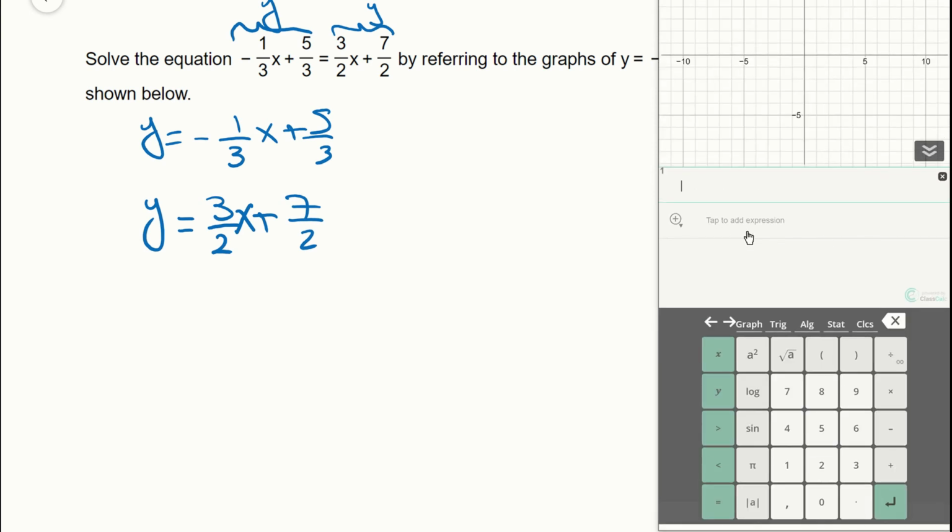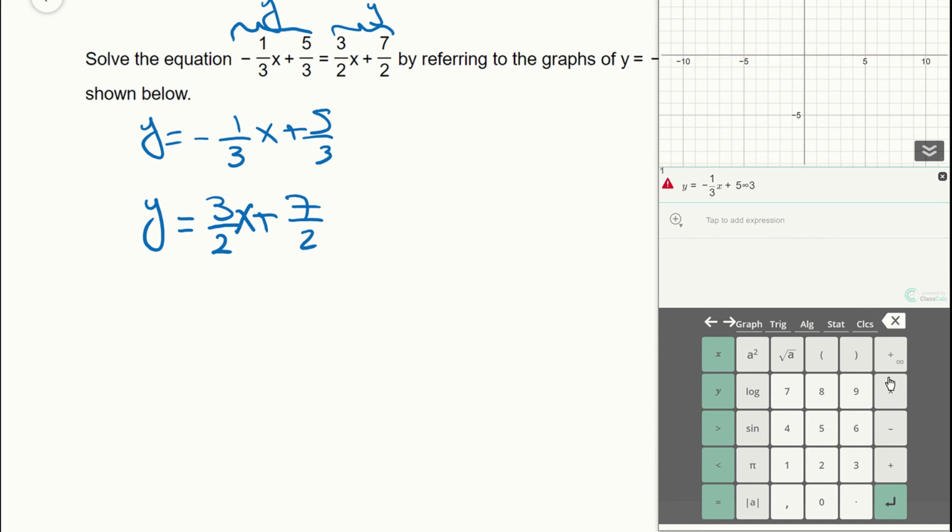All right, so now we're going to type in the first equation. So we have y equals negative 1/3. Make sure you get out of the denominator position by hitting the right arrow. x plus 5/3. And, oh, what did I do?